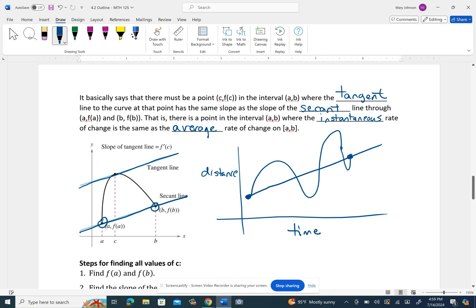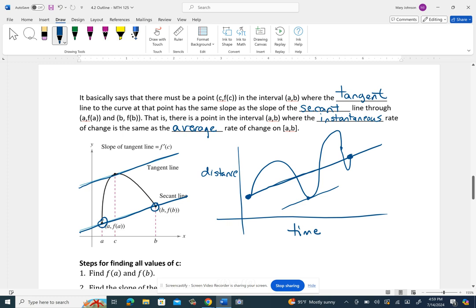But your speed would have been sometimes faster than that, sometimes slower than that. What the mean value theorem says is that somewhere during that trip, you would have had to hit that average velocity exactly. So somewhere along that trip, at some specified point, you would have to have a line that would be the same steepness as that.